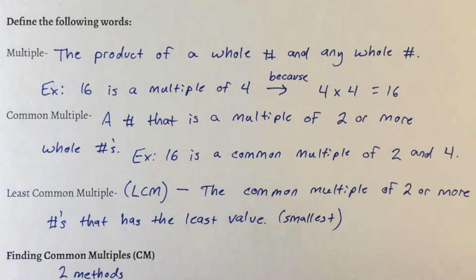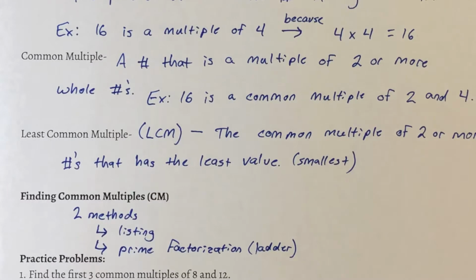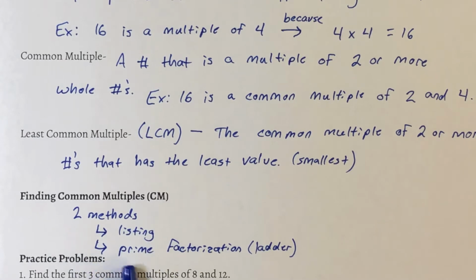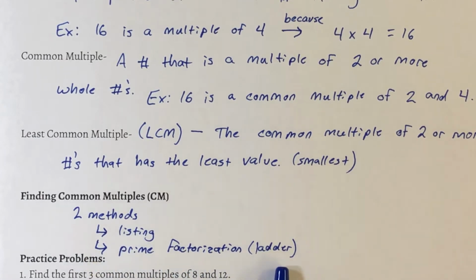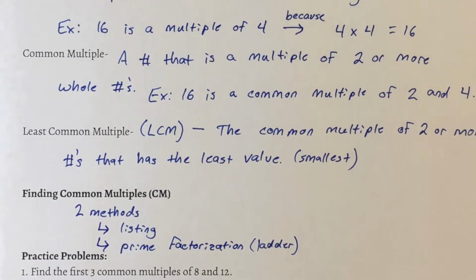And for this lesson, I'm going to be using the ladder method to do that. So 2 methods: listing, and the second method, prime factorization. And again, I'll be using ladder. Apologize, I didn't have that under the camera.